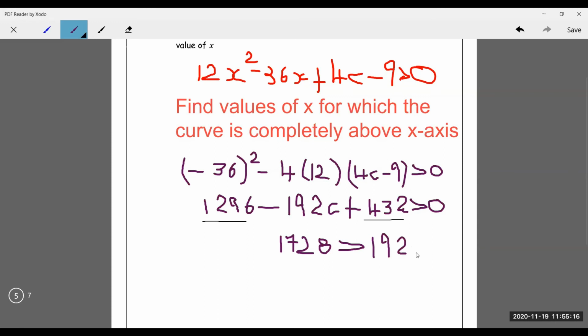All I need to do now is divide both sides by 192.